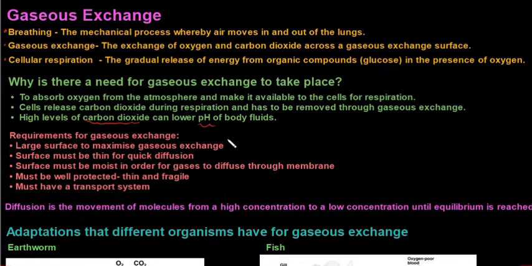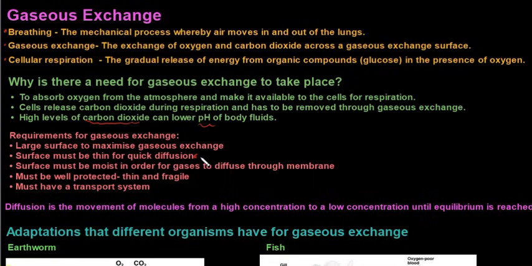Then the surface has to be thin for quick diffusion, as these gases have to move very quickly in and out. And then the surface has to be moist in order for the gases to diffuse through a membrane.